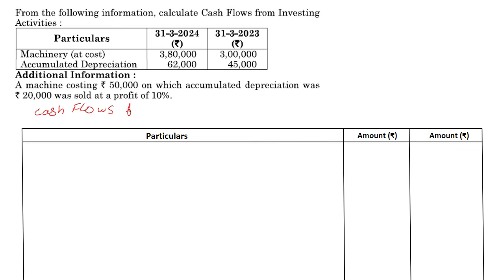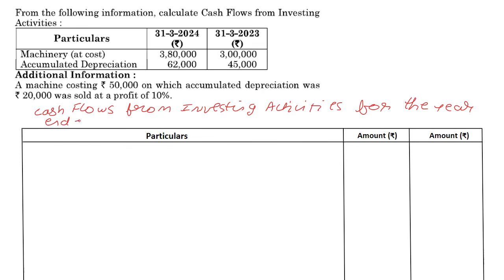So cash flows from investing activities for the year ended 31st March 2024. All right, and obviously there will be purchase of machinery, and there will be sale of machinery.